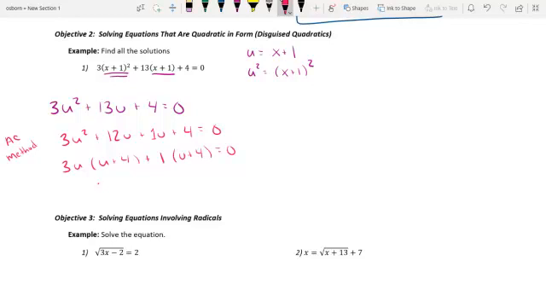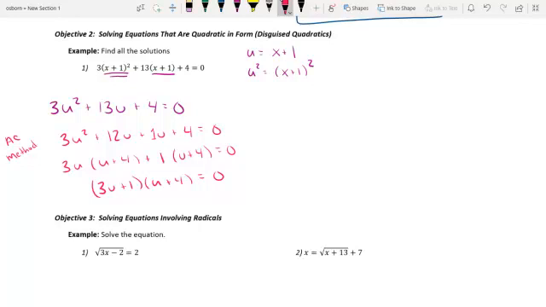Right, so this leaves me with 3u plus 1 times u plus 4 is equal to 0. So I end up taking each of these and setting them equal to 0.